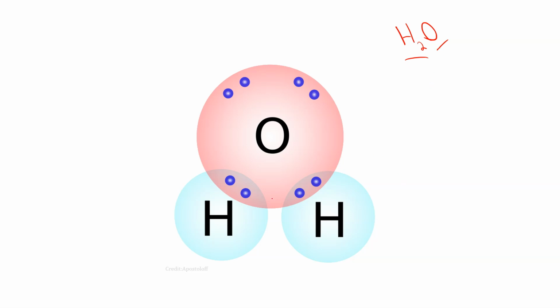So if you look at it, it looks something like this. Here's our molecule of oxygen, or sorry, our atom of oxygen. Here's our 2 atoms of hydrogen. Well, each atom of hydrogen has 1 electron to it, and then an atom of oxygen has 6 electrons. So here they are, 1, 2, 3, 4, 5, 6.